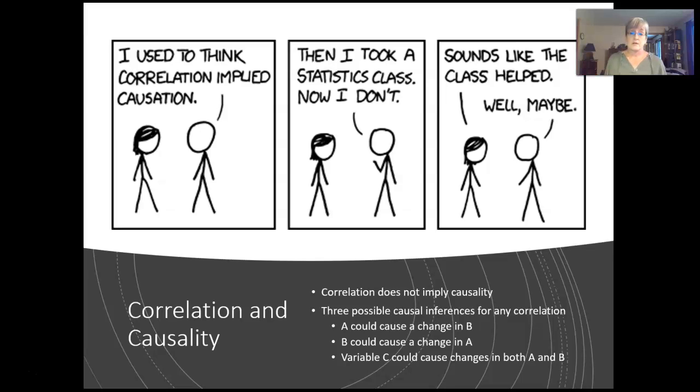However, it could also be that B causes A, where earning potential causes education to go up. If you look at it generationally, if your family already has high earning potential, you have access to a better education.